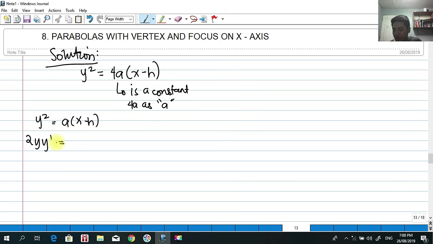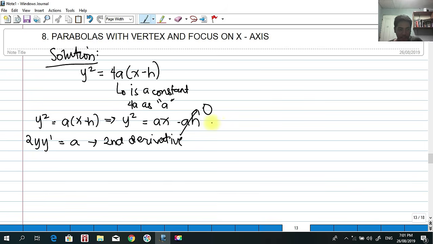Okay, and that is equal to, well, of course, first, before we differentiate, to avoid error, we should what? Distribute this. Okay, so if we're going to differentiate this, ax, ah, this is simply 0 because this is constant. So with respect to x, this will be simply a. Okay, and in order for us to eliminate a, we take again the second derivative in order for us to eliminate that constant because we have already eliminated the h here.